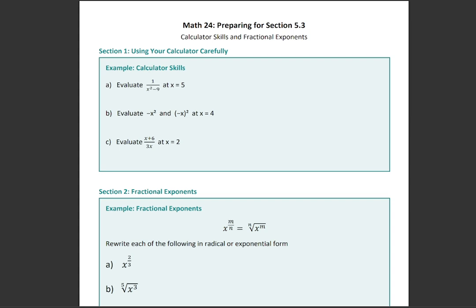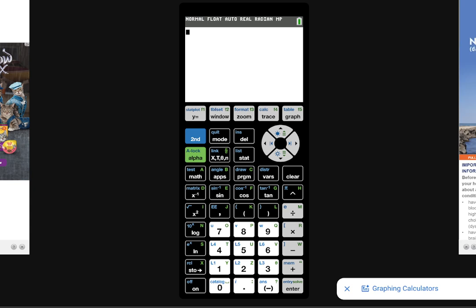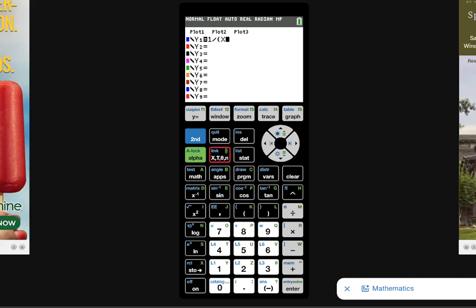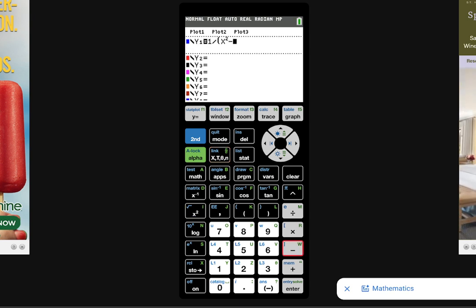With this first set of skills, notice I have something like 1 over x squared minus 9, and I'm evaluating it at x equals 5. When I plug this in my calculator, I go y equals 1 divided by. Now here's the important part. X squared minus 9 has to be in parentheses. So parentheses x squared minus 9.